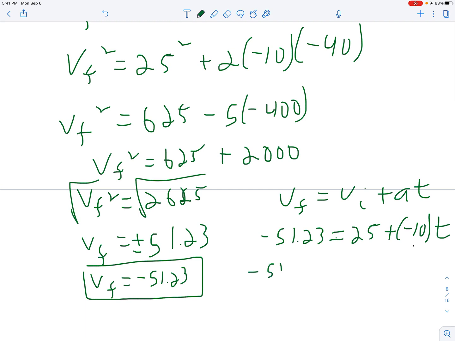So let's do that. 25 minus, I just wrote the same thing twice. That's okay. Let's subtract 25 from both sides. So 51.23.